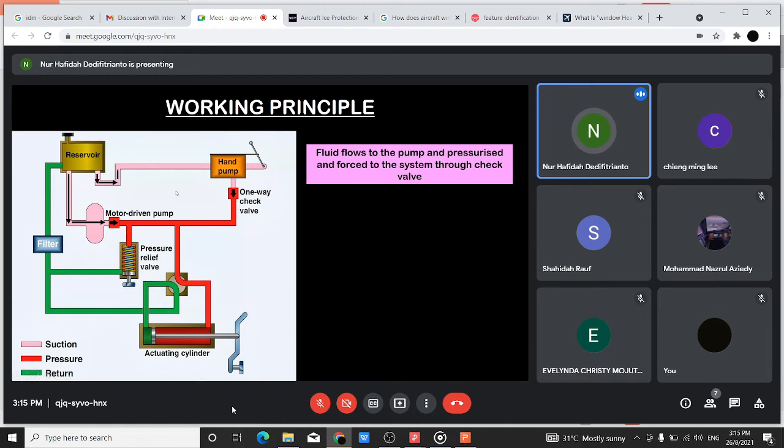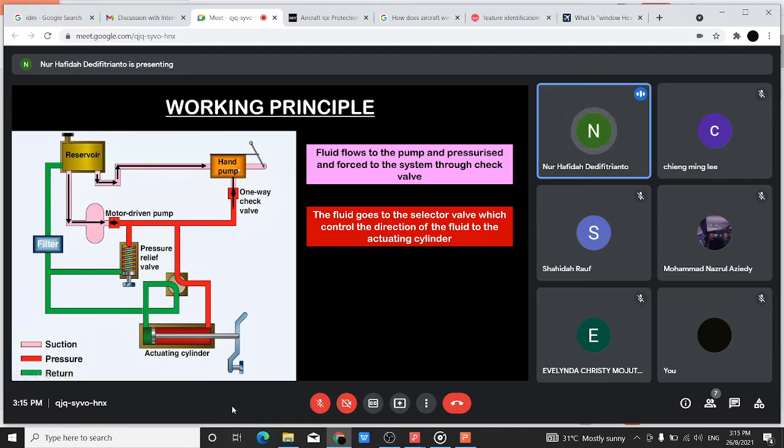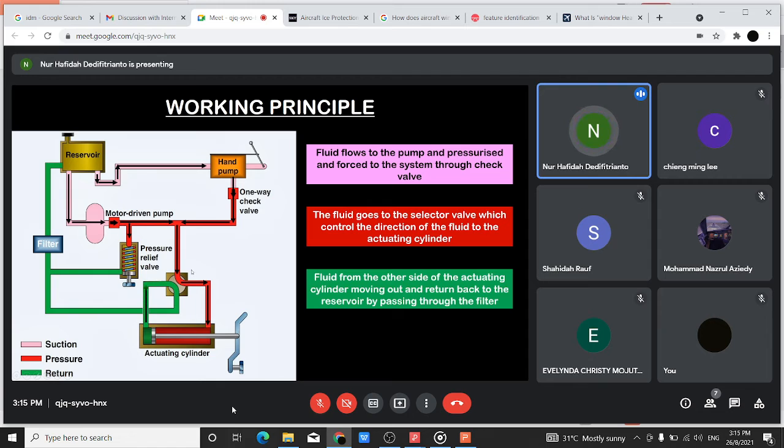First of all, the fluid will flow from the reservoir to the pump, and then it will be pressurized and forced to the system through the check valve. Then the fluid will go to the selector valve, which controls the direction of the fluid to the actuating cylinder. The fluid from the other side of the actuating cylinder that was originally there will be pushed out and return to the reservoir by passing through the filter.